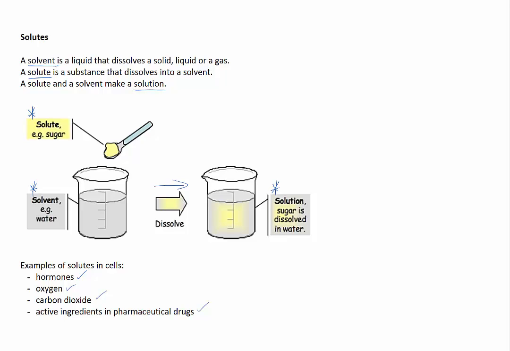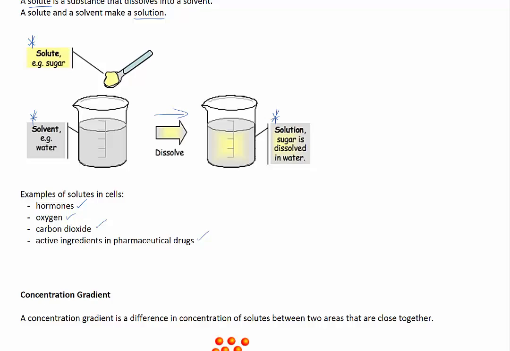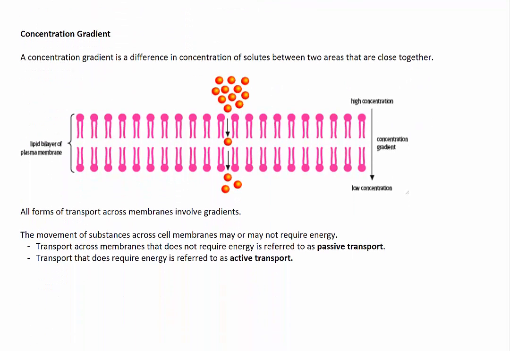Because you can have varying concentrations of solutes inside and outside of the cell, it establishes something called a concentration gradient. A gradient is simply a difference between two areas that are close together, and in cells this gradient occurs because of a difference in the concentration of solutes on either side of the cell membrane.